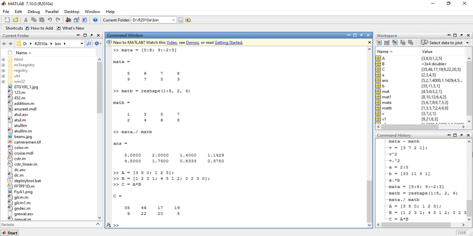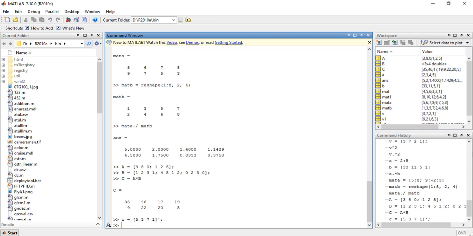First, a column vector C and a row vector R are created. Let us create two vectors C and R. C equals 5, 3, 7, 1, which is a column vector.